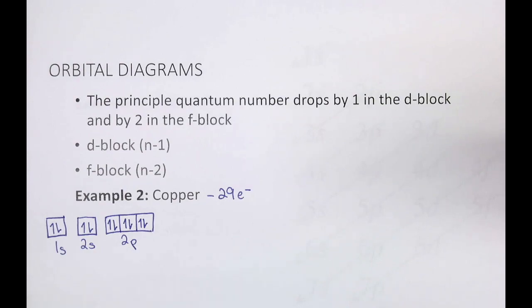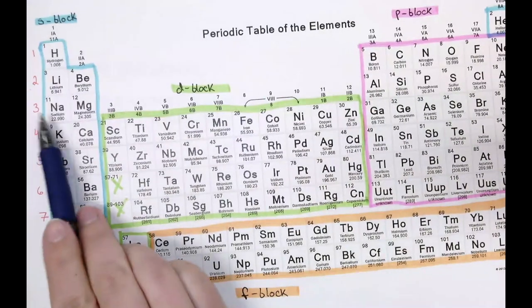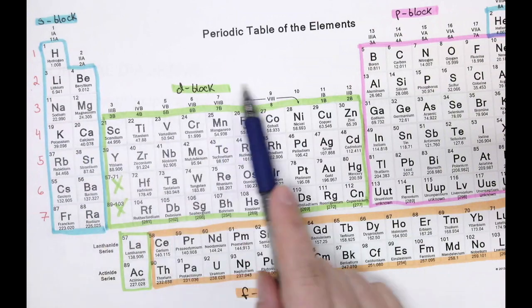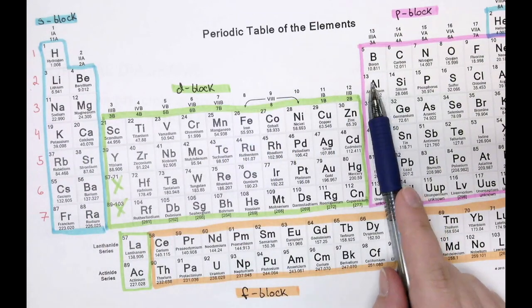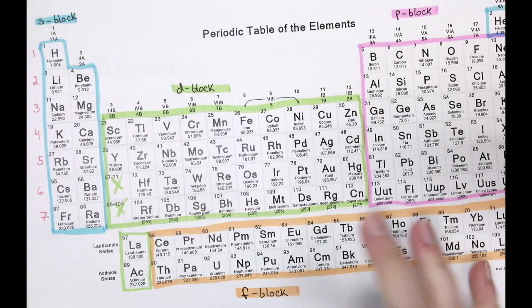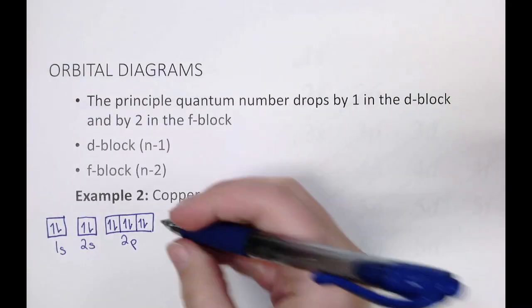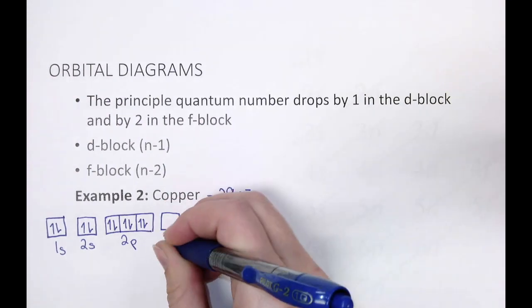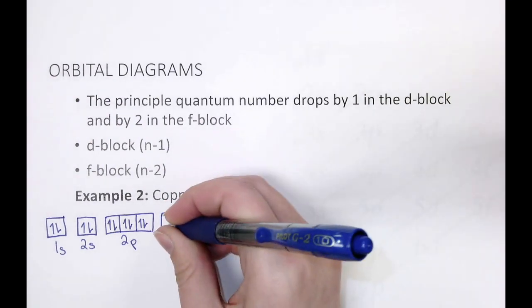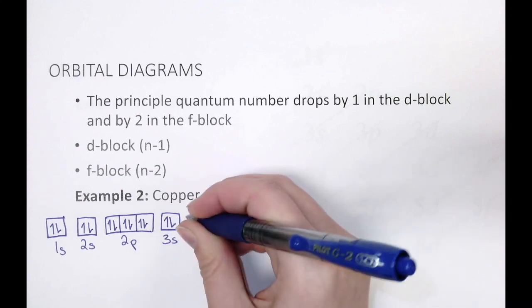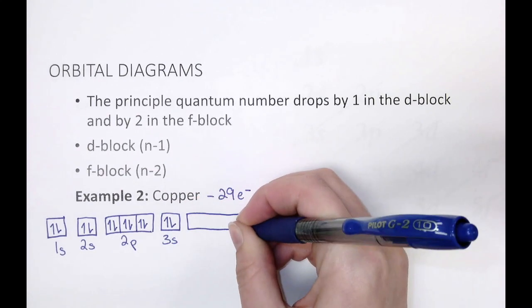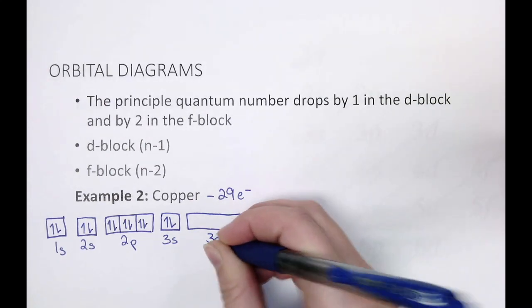Then we go to our third row of the periodic table and you hit the S block, so 3s. And the next thing you hit in the third row is the P block, so 3p. So a box for 3s, 2 electrons in it, and 3 boxes together for the 3p.